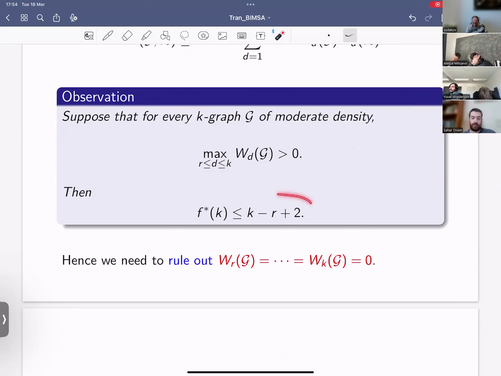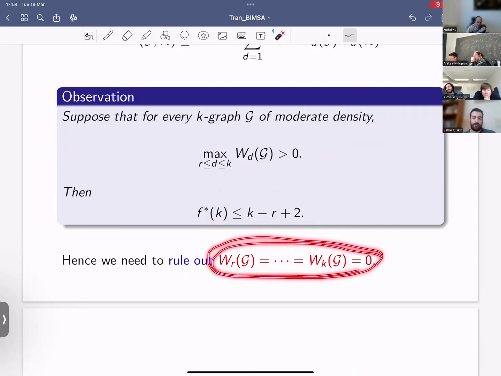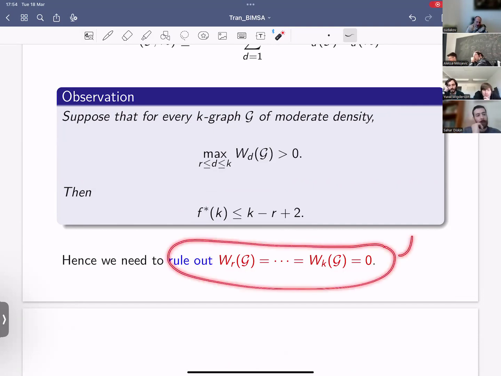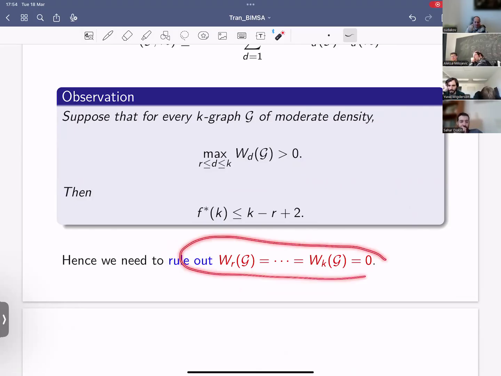That's enough to guarantee this inequality. So putting it differently, to prove this upper bound, we need to rule out the possibility that all of these coordinates are zero. If we can rule this out, then one of them is positive for any k-uniform hypergraph of moderate density.